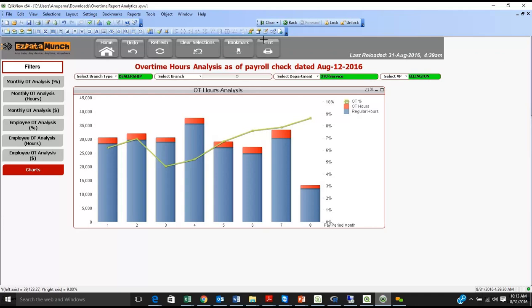There are more requests coming in, or there are more orders in the pipeline, and because of which you are spending more overtime. So the idea here is not just to look at this by itself and see why you're spending more overtime hours, but also whether they are in line with the activities that are supposed to be there based on what you're trying to do as an organization.